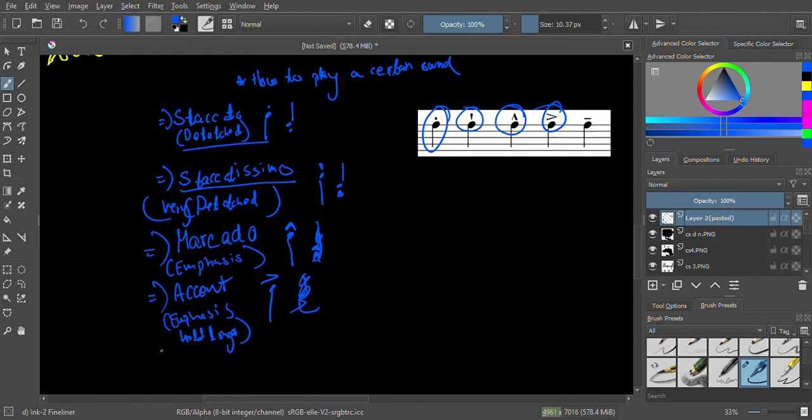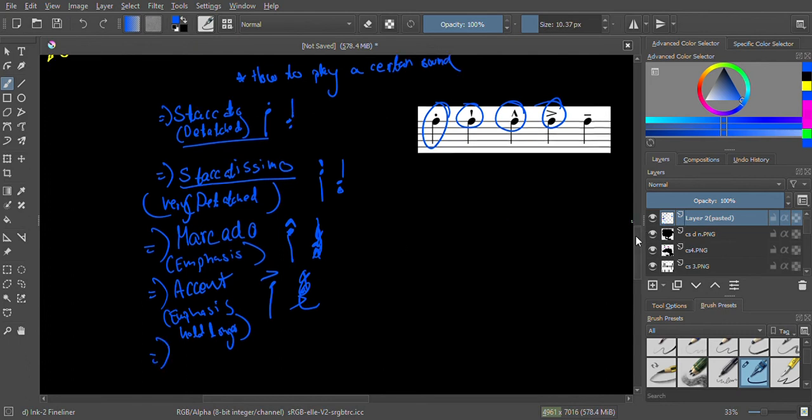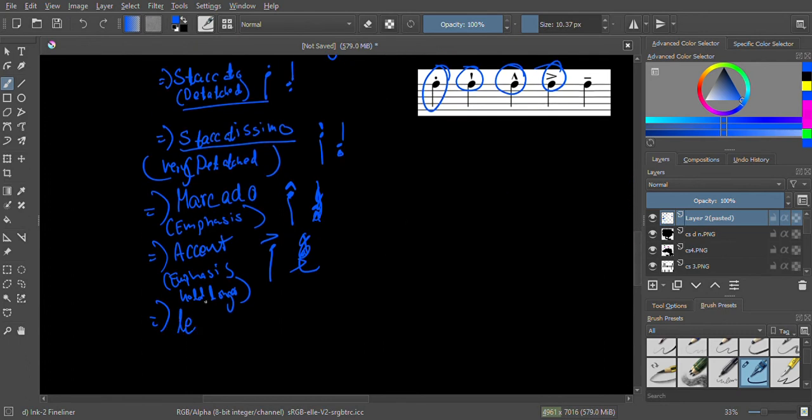Then we come to one very common one, which is legato. Both marcado and accent are about emphasizing the note. So if I'm playing, and I want to emphasize that C, I use a marcado or an accent depending on my use case.